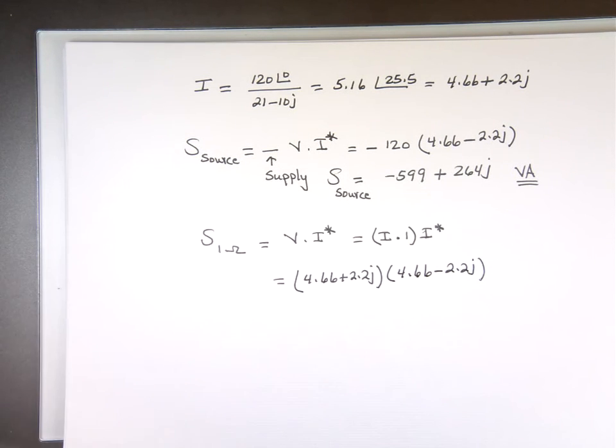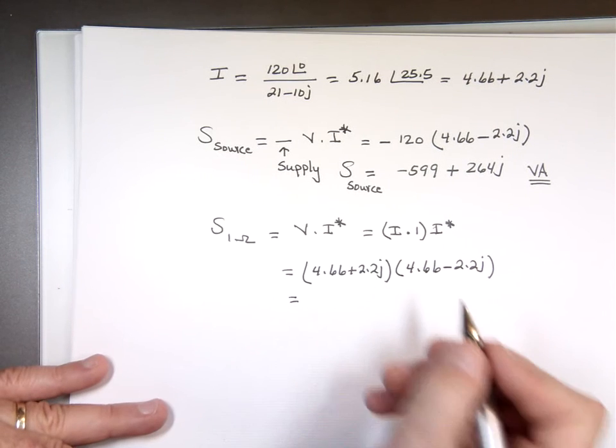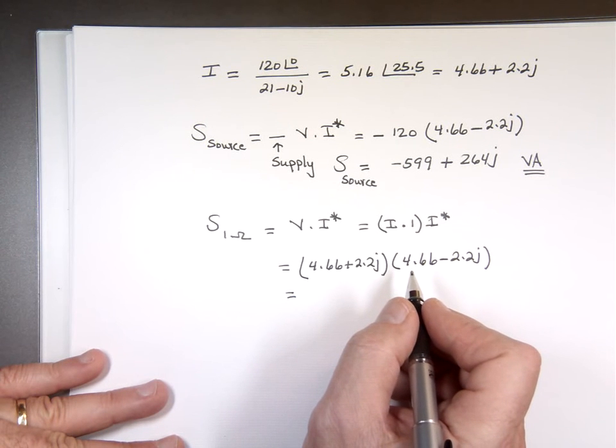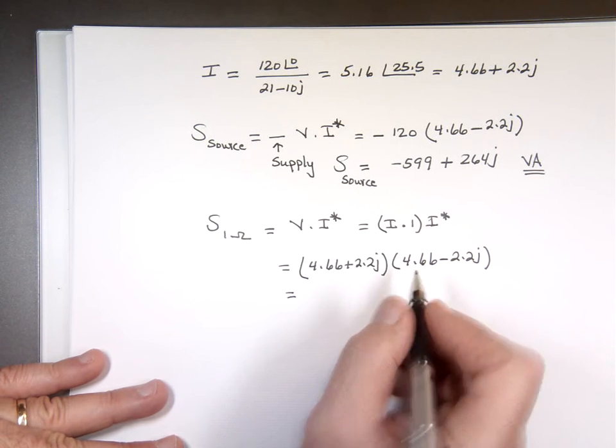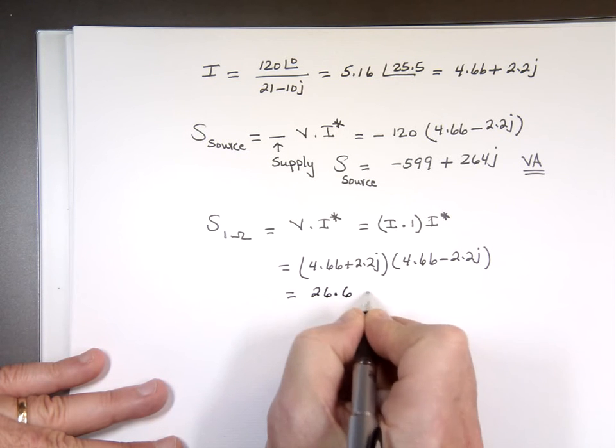And what do we have for an answer for that one? If you do the math, the imaginary portion should be 0. So that's 26.6 plus J0.